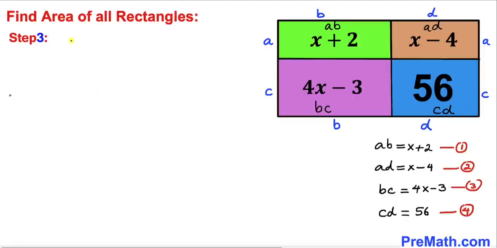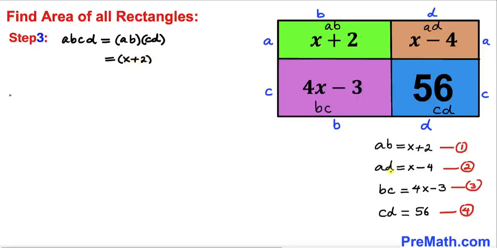And here's our next step. Let me write down A, B, C, D. This could be written as A times B times C times D. And we know that A times B from equation 1 is x plus 2. So I'm going to replace this AB by x plus 2.